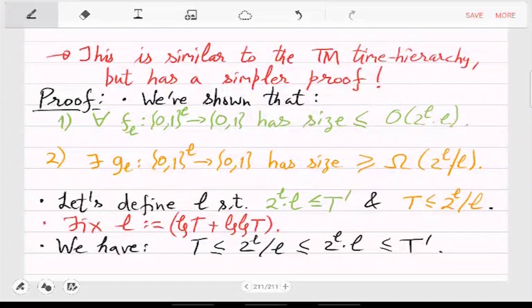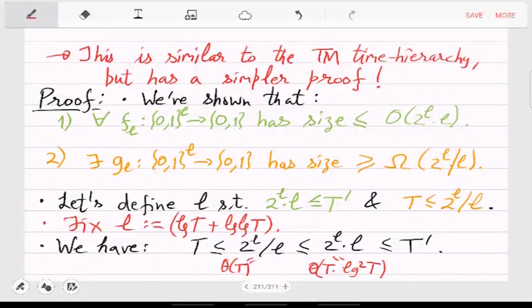Okay, this 2 raised to L by L is roughly, you can check that it is just above T. You can check that this comes out to be T times log T, then you are dividing again by log T. So, this comes out to be theta T, and 2 raised to L times L comes out to be T times log square T. You can check that.